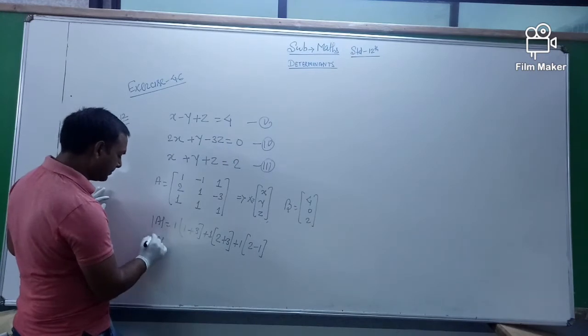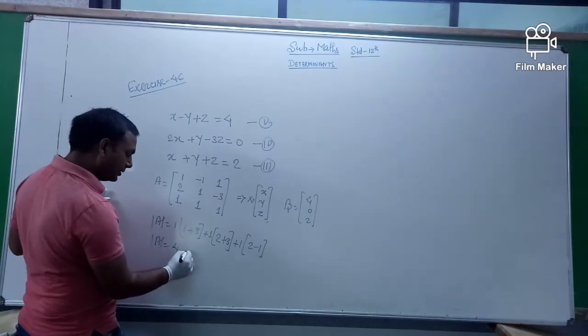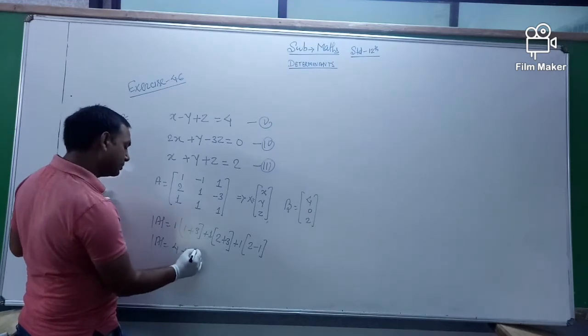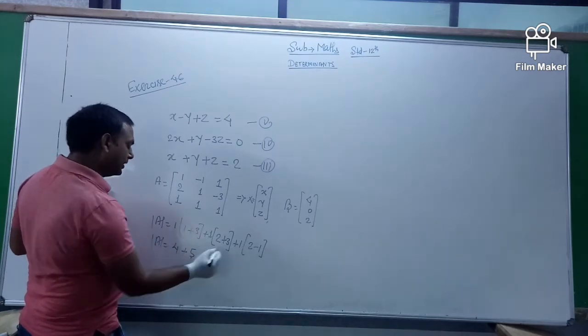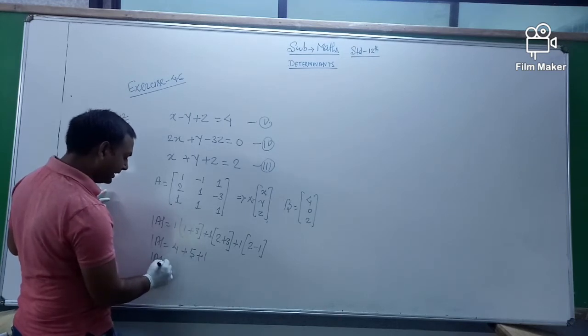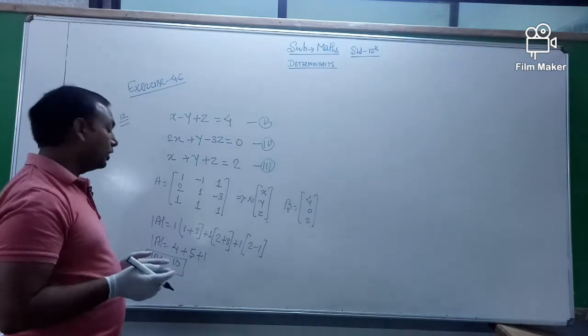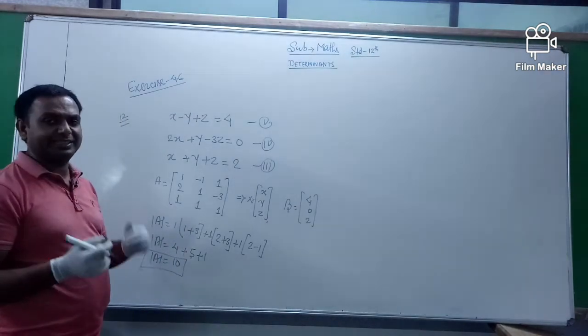So mod A is 1 into 3, 4, that is a 4, plus 2 into 3, 5, so it is a 5, 2 minus 1 is 1, so it is a 1. So mod A is equal to 4 plus 5 is 9, plus 1, that is equal to 10. So here mod A is equal to 10, so it exists.